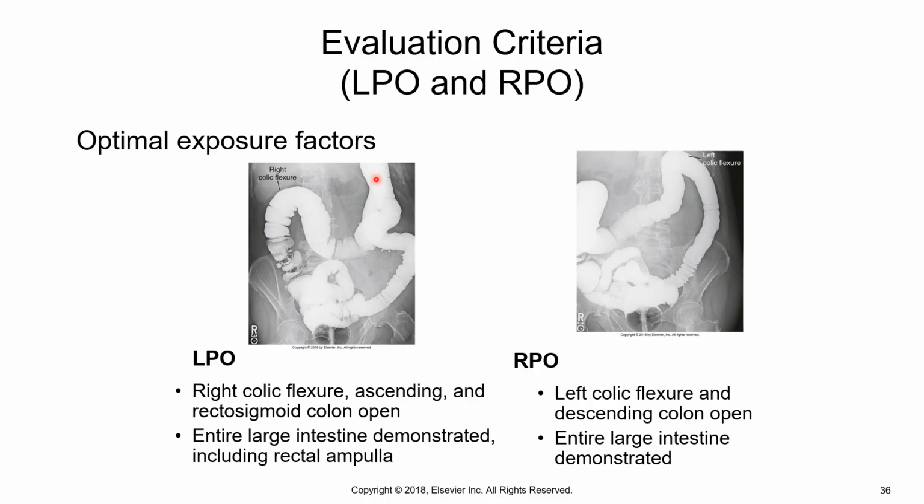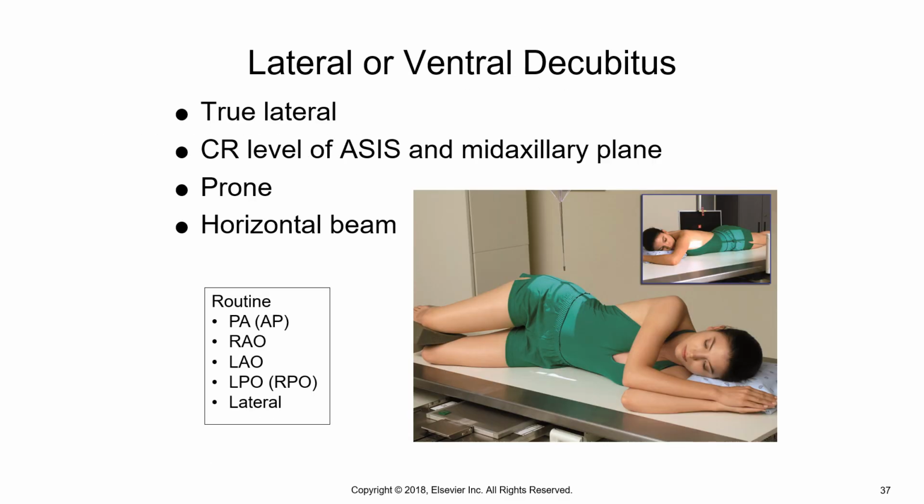Ideally, you should have all of this on here, but the LPO demonstrates the right hepatic flexure, untwisted or unobstructed. And on the RPO, where now the right side is down and the left side is up, now you can demonstrate the left splenic flexure, unobstructed or opened up. Okay, after both obliques, and I would do the RPO first and then the LPO, because that would be the best for patient movement.